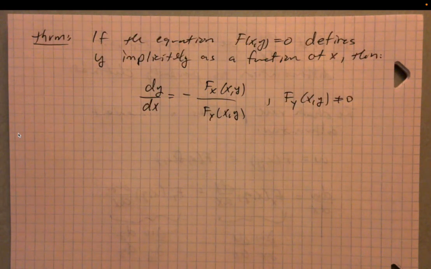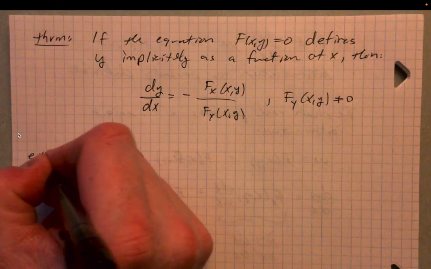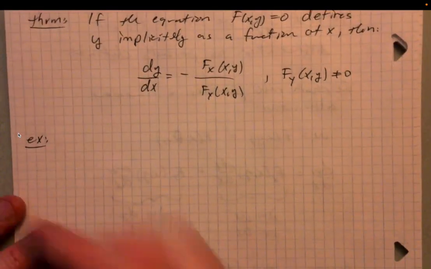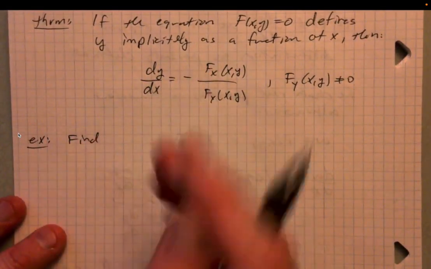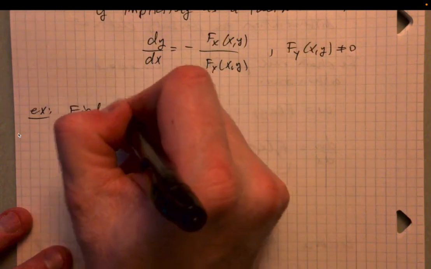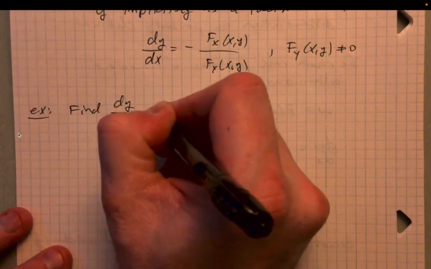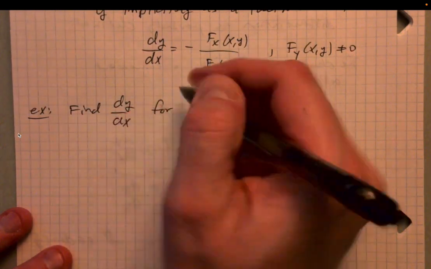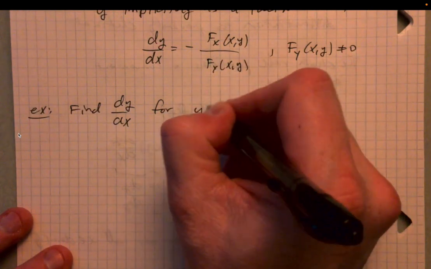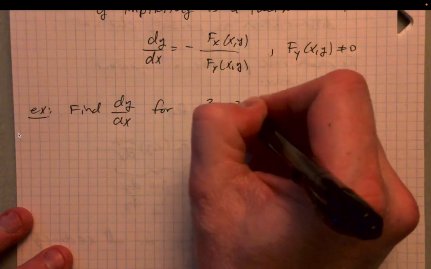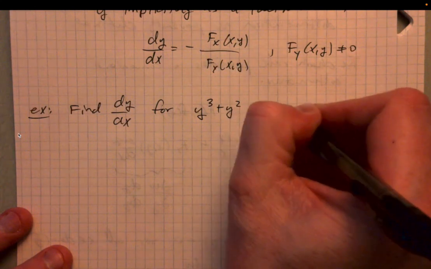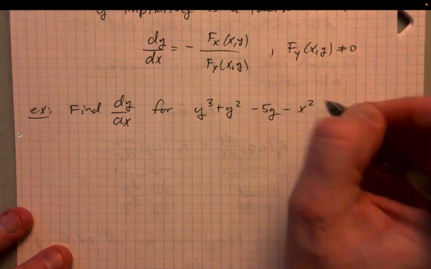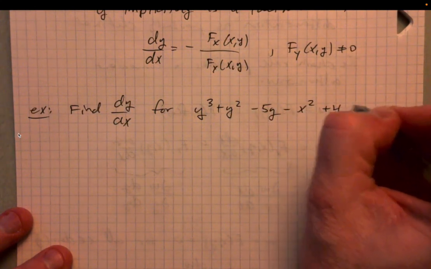Okay, so let's take a look at an example. Say we want to find dy dx for this equation: y cubed plus y squared minus 5y minus x squared plus 4 equals 0.